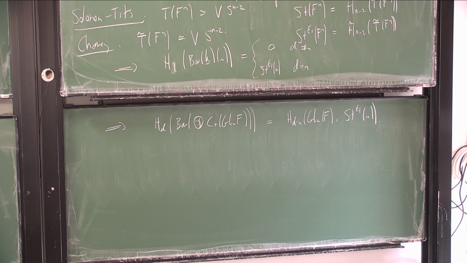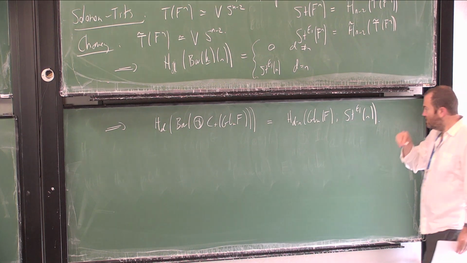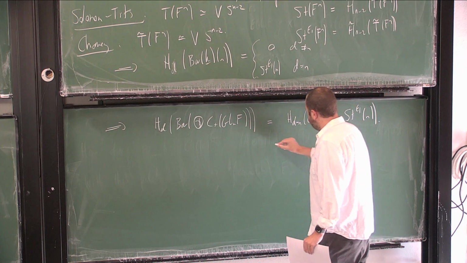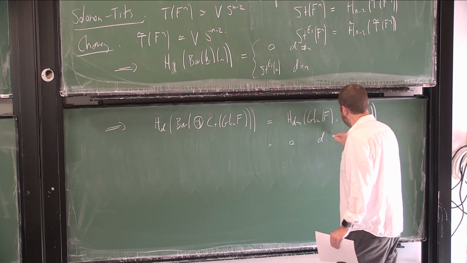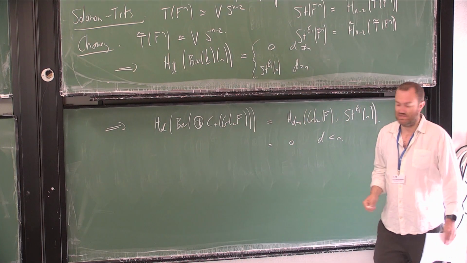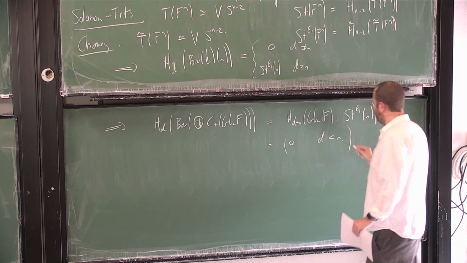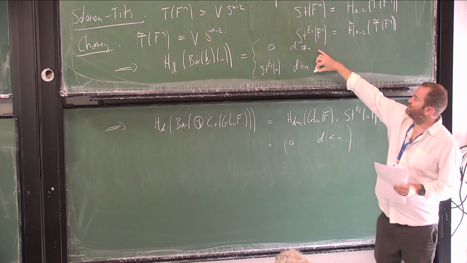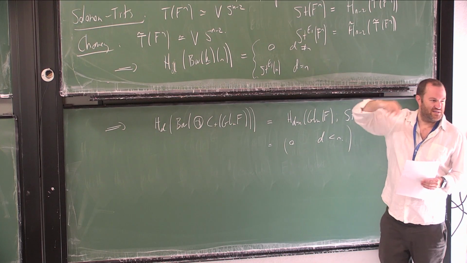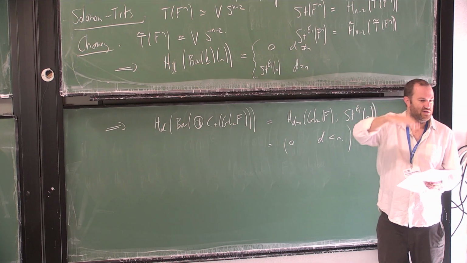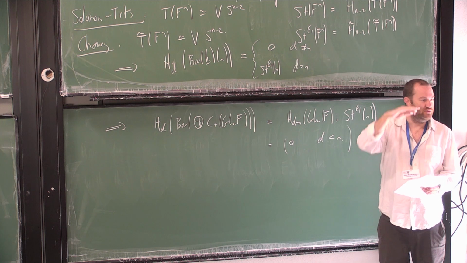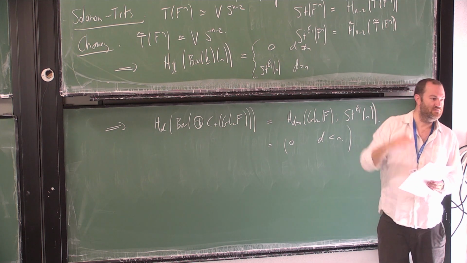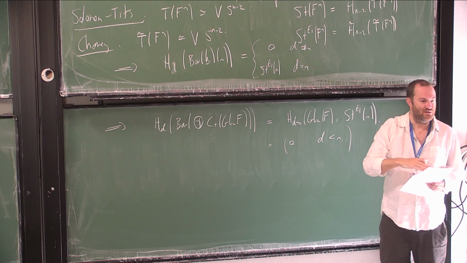Because pushing down from G-graded things to natural numbers graded things is exactly taking group homology with respect to the GL_n F. And if I write it that way, one obvious point is that this is 0 for d less than n. That's because upstairs it was 0 for d less than n, certainly. And by taking a homotopy quotient, you can't make new homology groups below where you have homology. You can make new stuff above. That's called group homology.